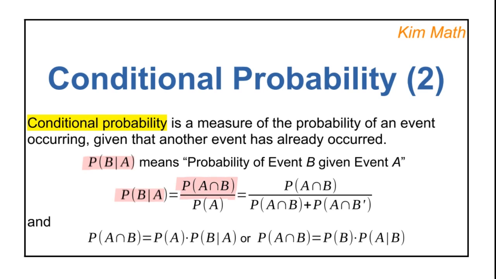It is the probability of A and B divided by the probability of event A. And event A can be found by the probability of A and B plus the probability of A and not B. Okay?